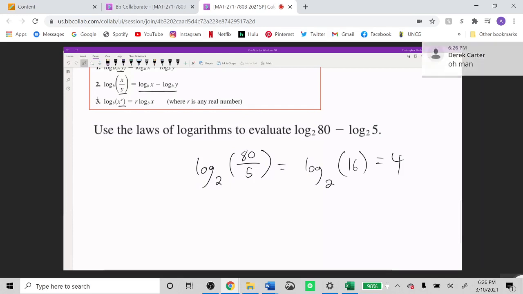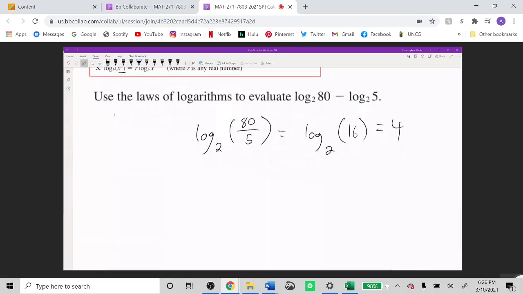Now, a lot of the time, the most convenient choice for the base of a logarithm is going to be Euler's number, e. This logarithm has a special name.